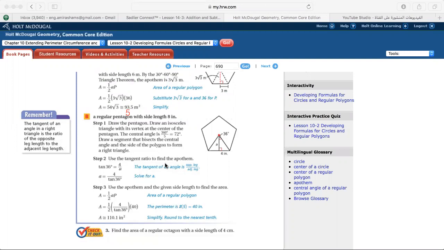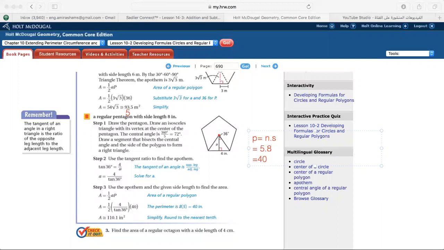Perimeter is easy. P is equal to N multiplied by S, which is 5 multiplied by 8, which is equal to 40. So we're done with this part.